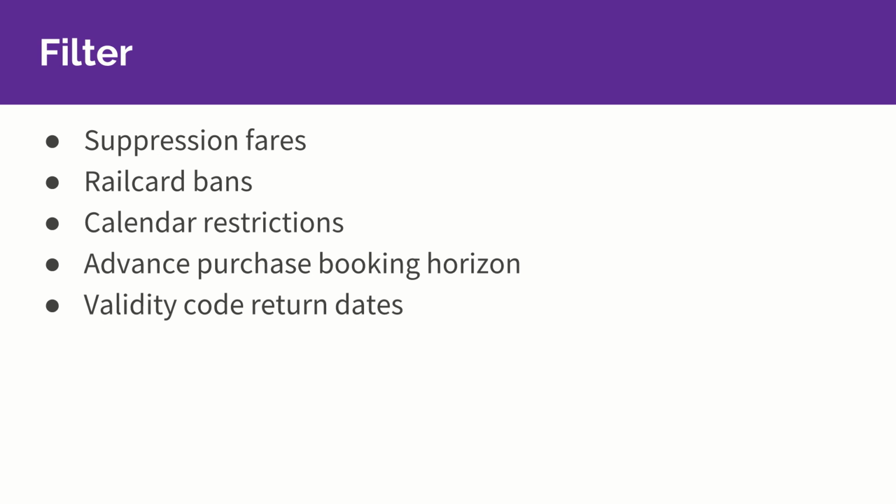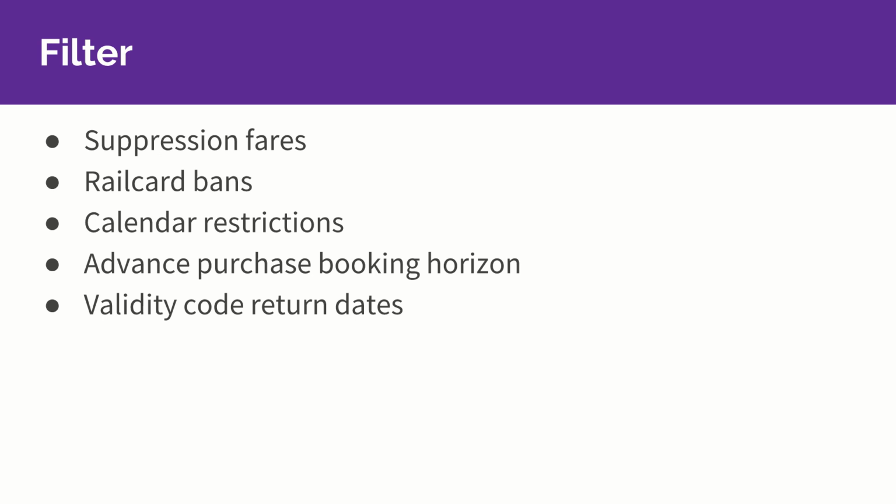Okay, then the next one is the validity code return dates. Every ticket type has a validity code, and that validity code specifies the return date period. An outward and a return portion of a ticket can have specific periods.